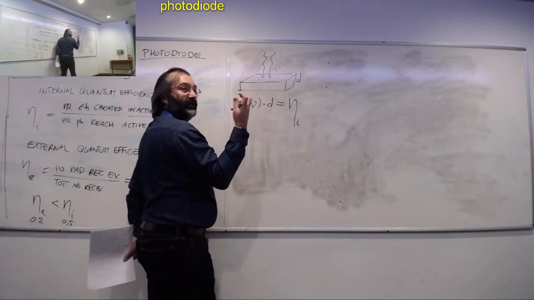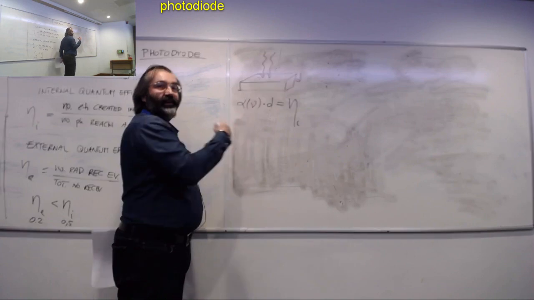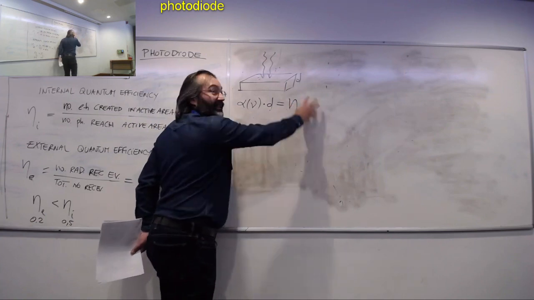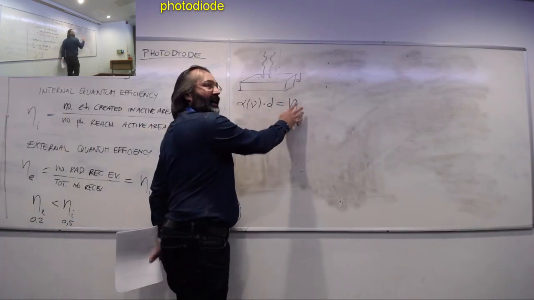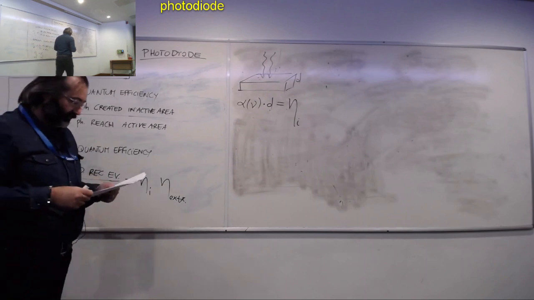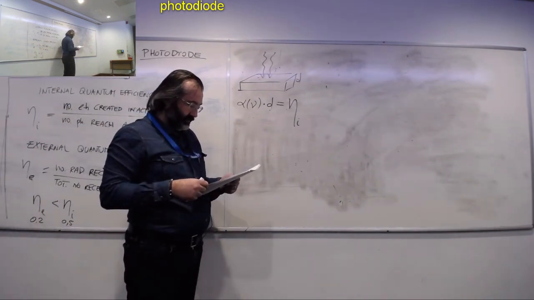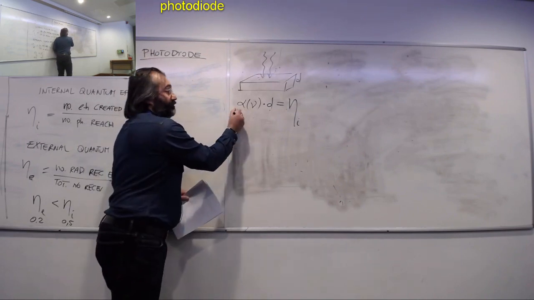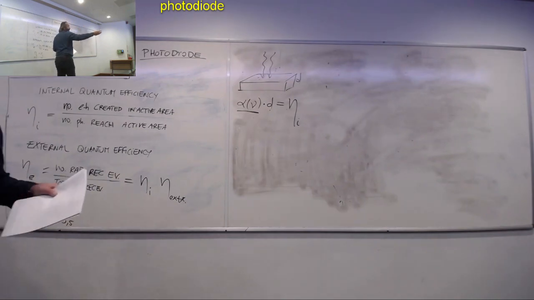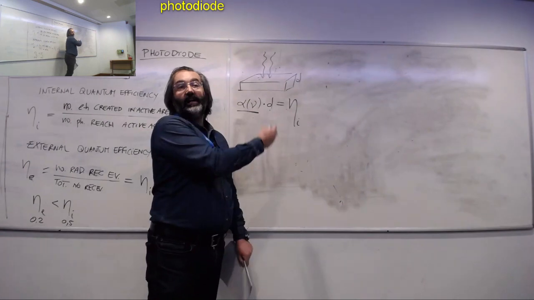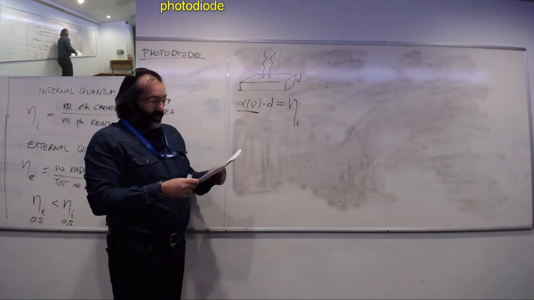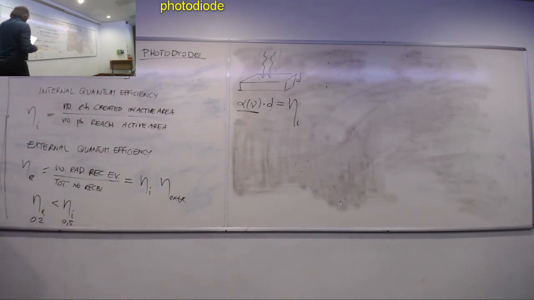So all these things that we know about alpha are now heavily imprinted into eta I. Eta I now carries a lot of stuff about our semiconductor. Obviously, because of this tight relation of eta I with alpha, this means that again, direct semiconductors are better than indirect semiconductors in doing photodetection. Okay, let's go to external quantum efficiency and then we have a break.